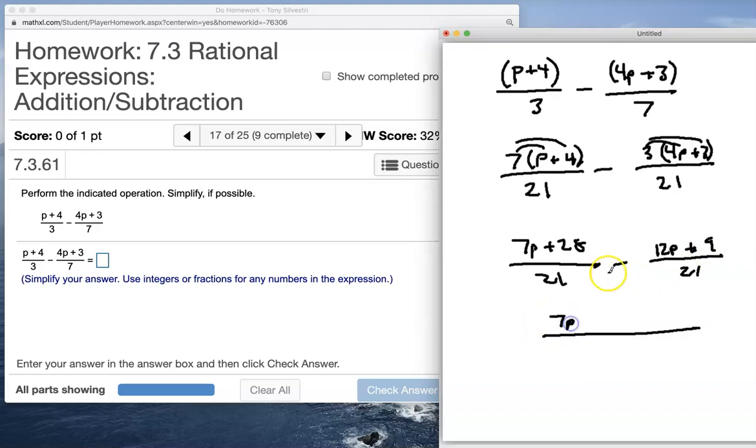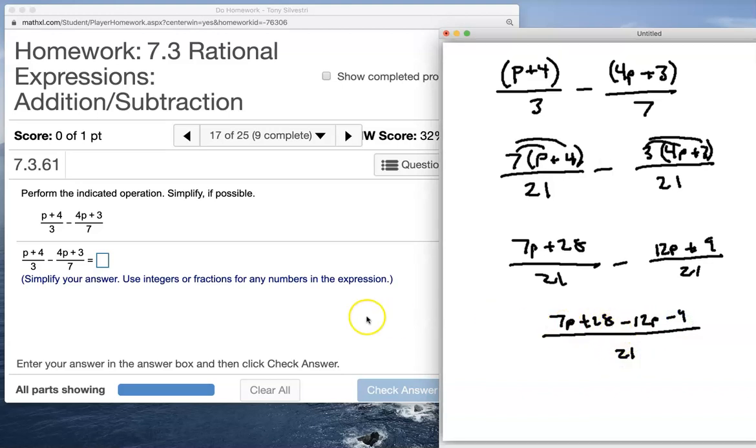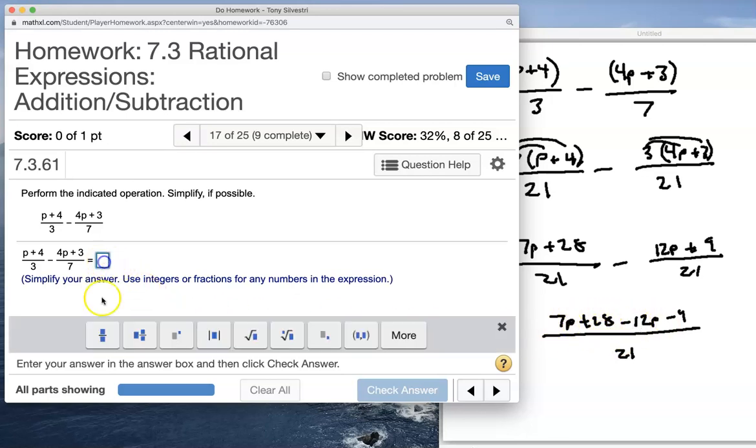7p, whatever is on the left side of that minus sign just stays the same. Minus 12p minus 9 over 21. Now I'm going to combine my like terms on the top. 7p minus 12p is going to be a fraction.